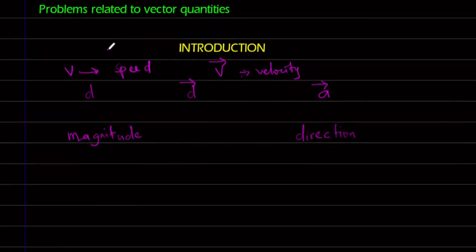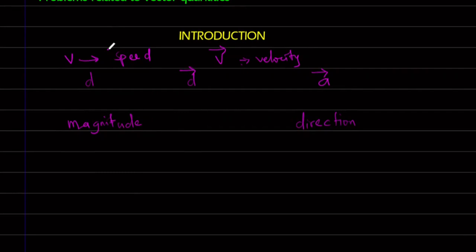So we make use of a straight line which represents the length to indicate magnitude. Then we use an arrow to show the direction of a vector. So the magnitude of a vector is represented by a straight line to show the length of the line. Then the direction is indicated by an arrow.